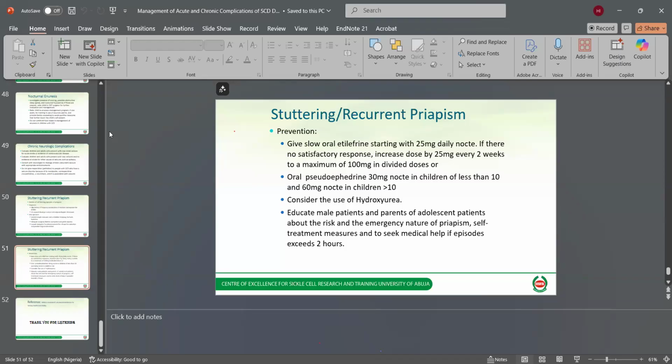That is what happens, and it can lead to sequestration, especially in children below the age of 6 years. So that is what happens in sequestration crisis. We've seen that one of the main modalities of treatment is exchange blood transfusion.